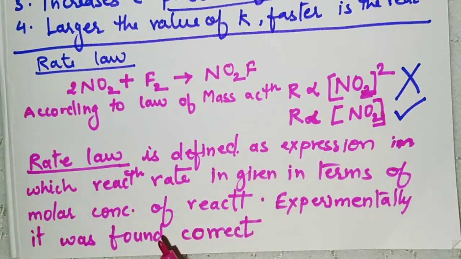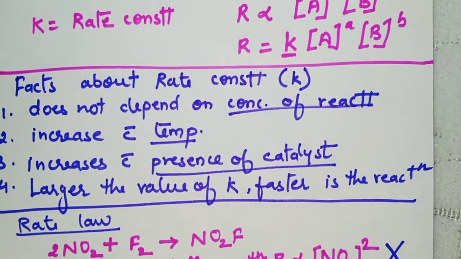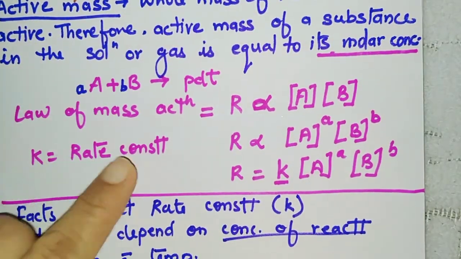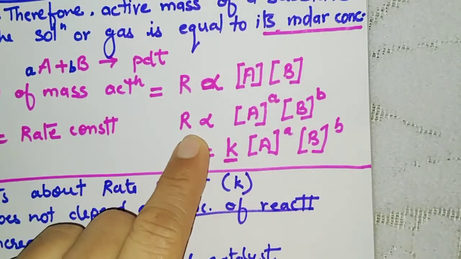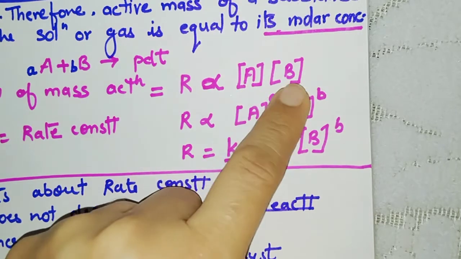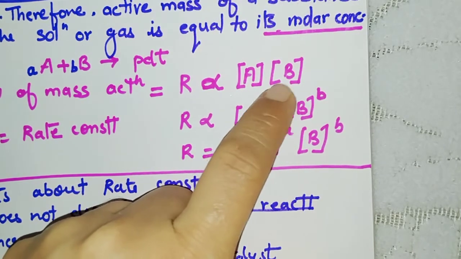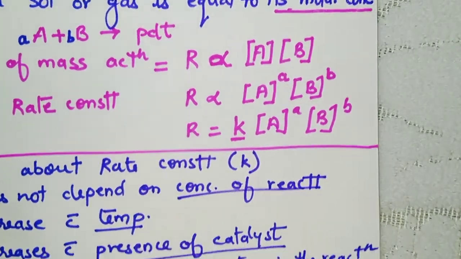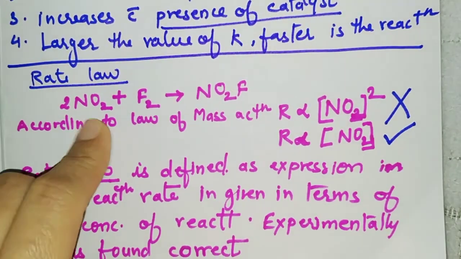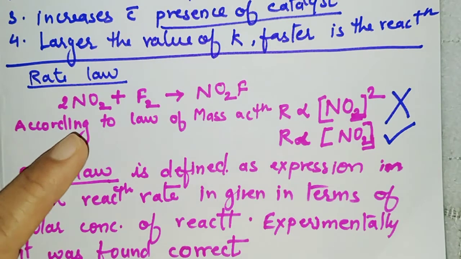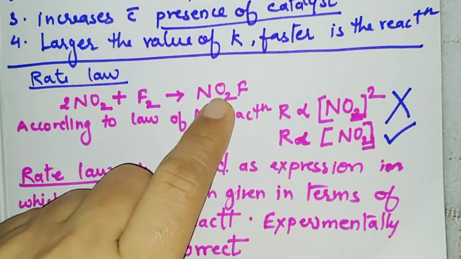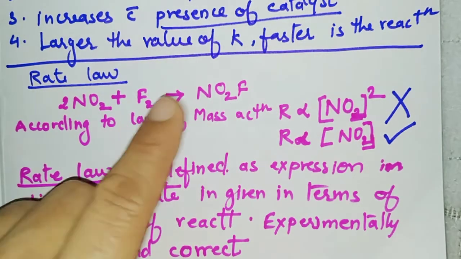See what happens when the law of mass action was introduced. It was said that the rate of reaction will be equal to the product of molar concentrations or active masses of the reactants, but later on it was not found to be practically correct. How was it discovered? When nitrogen dioxide was reacted with fluorine, it forms nitryl fluoride.